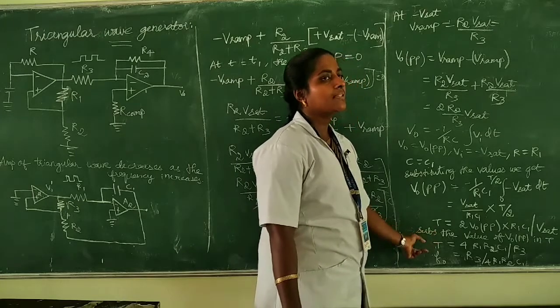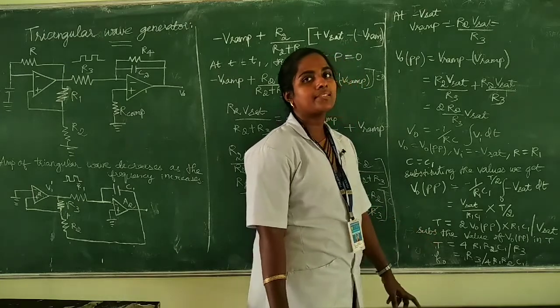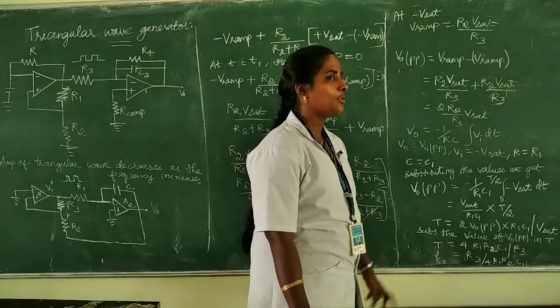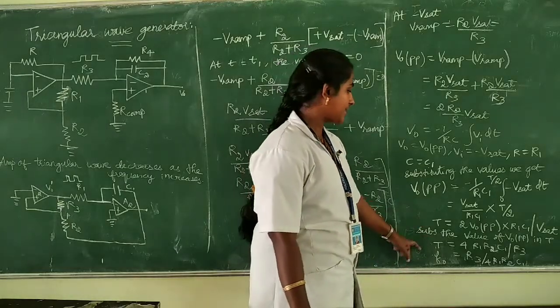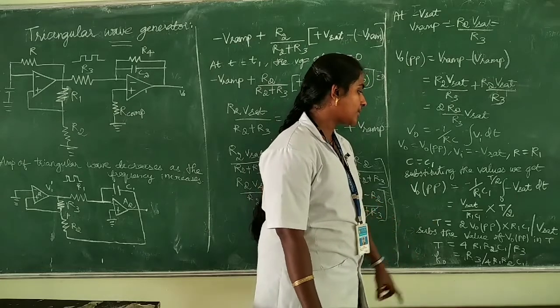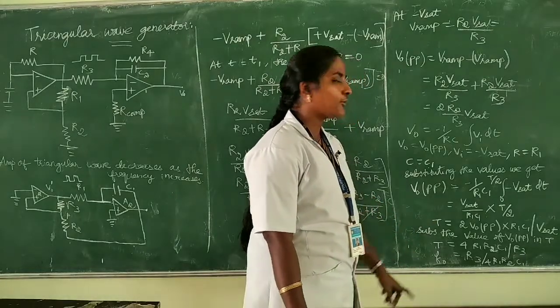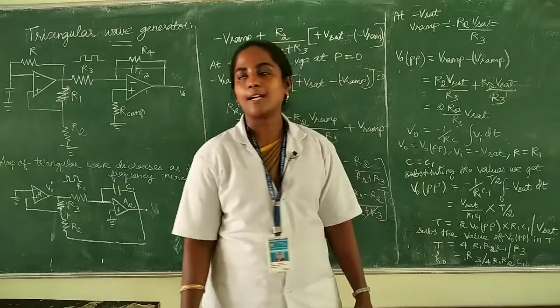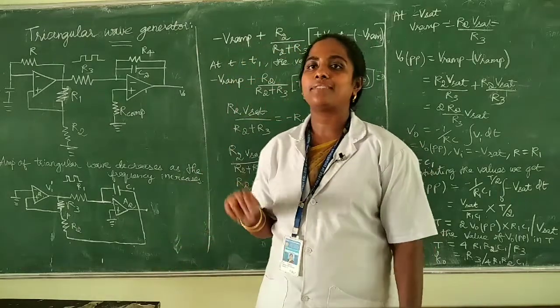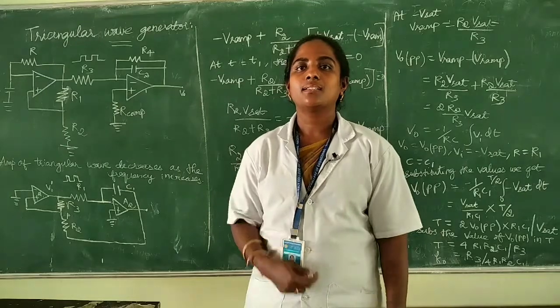We know that the inverse of time is frequency, so F is equal to 1 by T. So F naught is equal to R3 divided by 4 R1 R2 C1. So we have studied the triangular wave generator. That's all. Thank you.